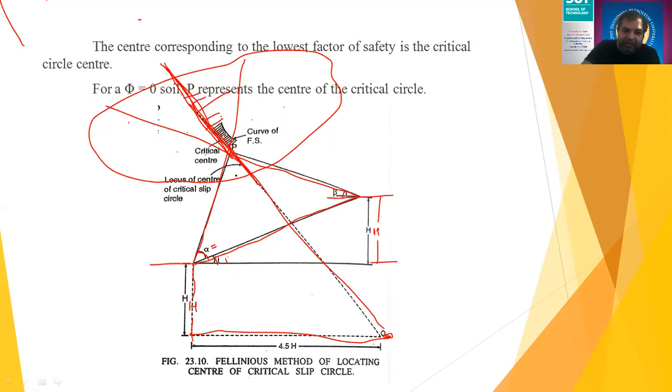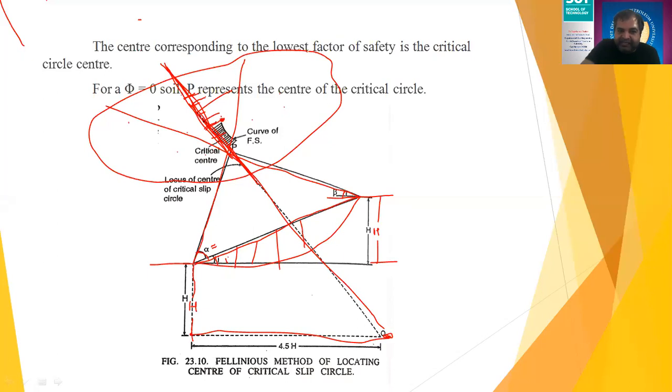Now for that, what I will do next is, for this line, I will take regular intervals of the centers, and I will draw the trial slip circle assuming some value of r. From each center, I will draw the slip circle here. I will analyze it with the method of slices and find the factor of safety. Whatever factor of safety comes, I will plot against this.